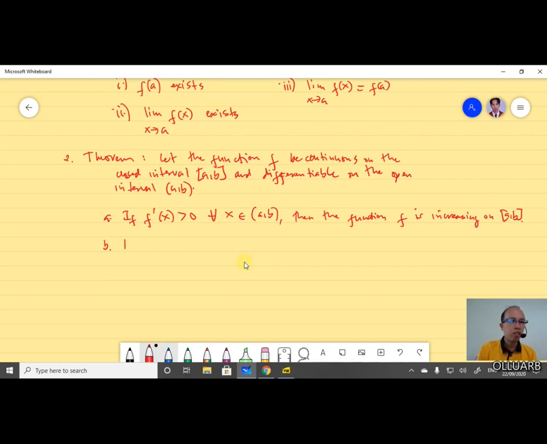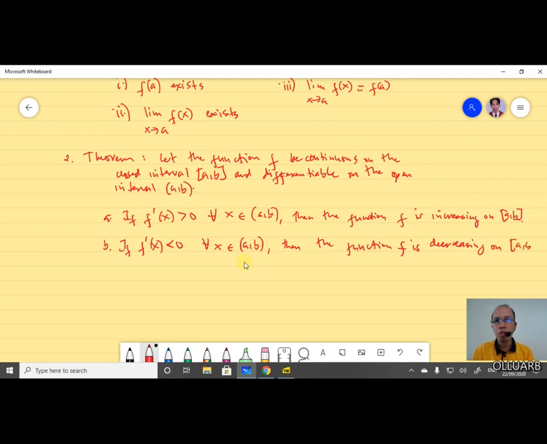If the derivative of the function is less than 0 for all x in the open interval (a, b), then the function f is decreasing on the open interval (a, b). So this one is what we need.